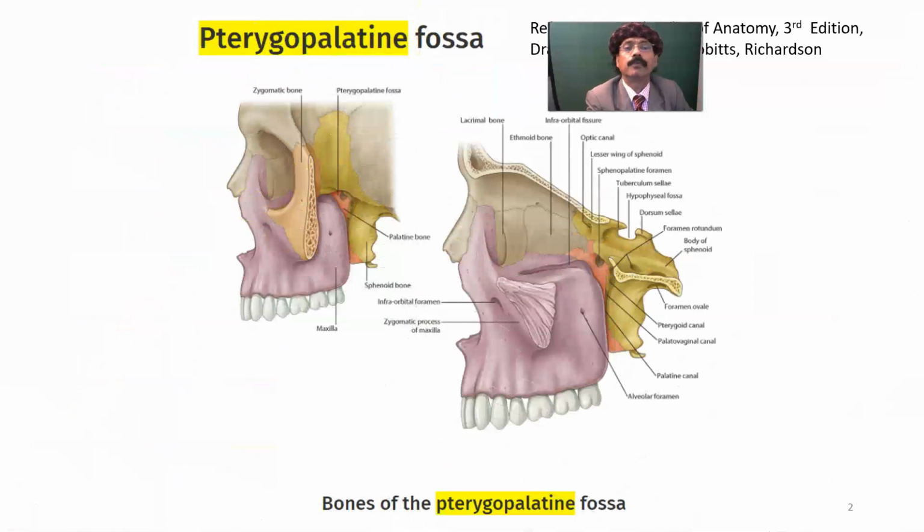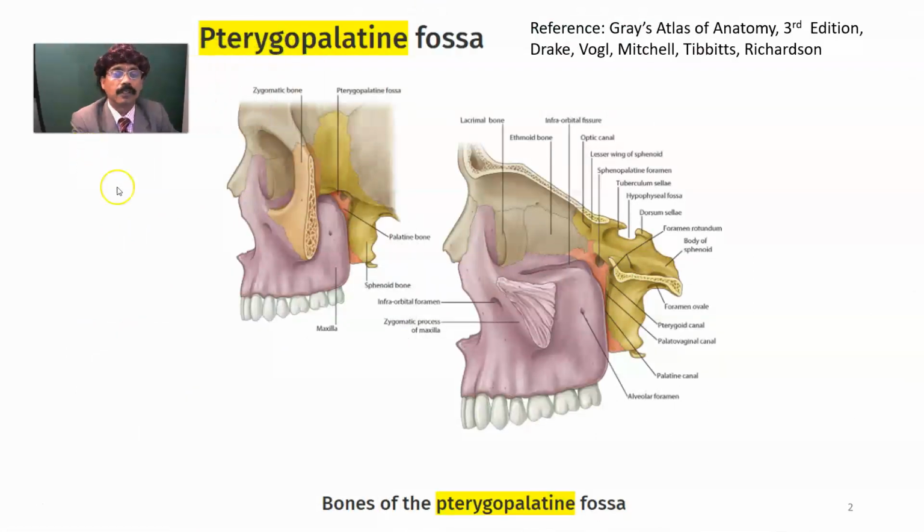So it is a pyramidal, deeply situated space located between the maxilla and the sphenoid bone below the apex of the orbit.